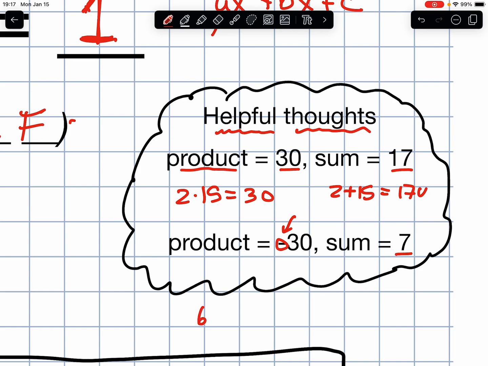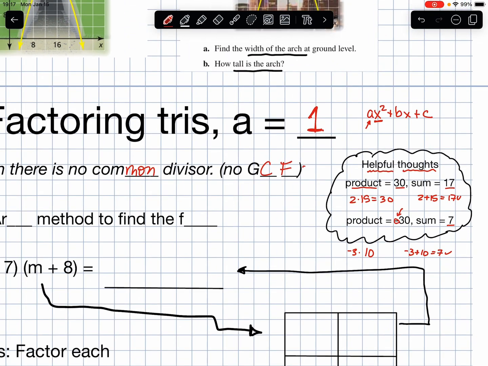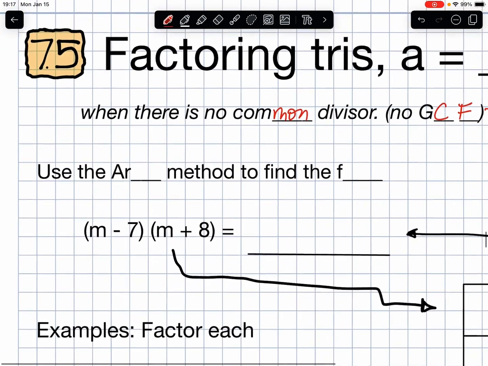So for example, 6 times negative 5. 6 plus negative 5 is just 1. So in essence, we're subtracting those two. And 6 and negative 5 don't work. But 10 and 3, and if we make the 3 negative, then it's negative 3 plus 10, which is 7. Yay, that worked. So that's a little exercise that we're going to be doing during the process of factoring.